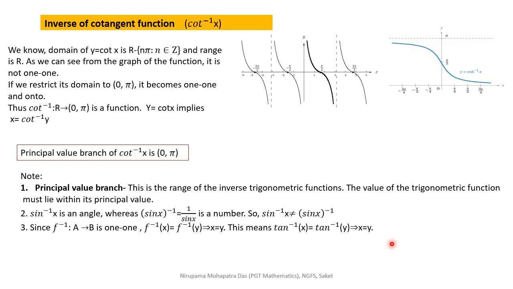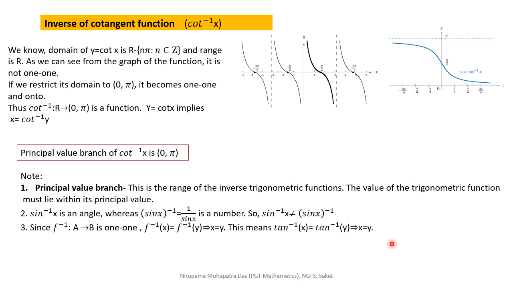Or simply you can take the range of the inverse trig function as the principal value branch. Okay? And all the values of the inverse trig function will be within this principal value branch.